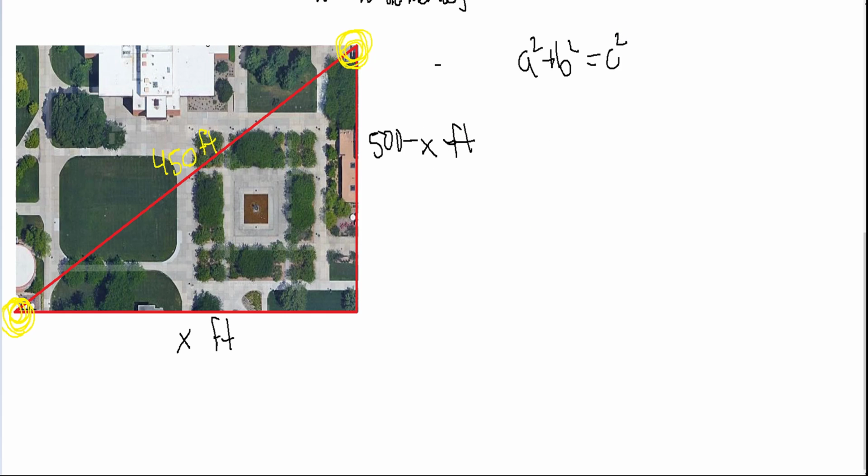You just have to remember that the legs of your triangle, so these two guys, can be either a or b, and then c is the hypotenuse. So c is the hypotenuse right here. All we have to do is substitute those values in.